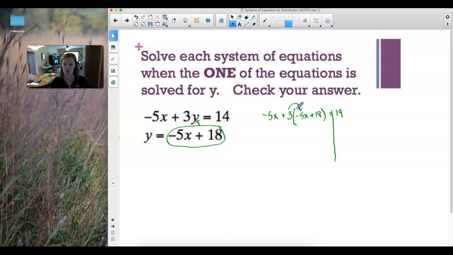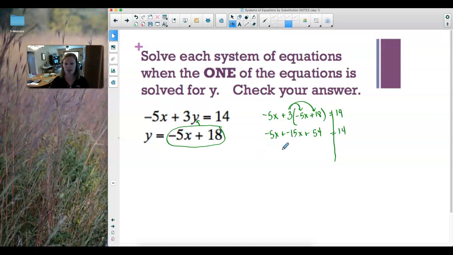We need to distribute. So I distribute and I have negative 5x plus negative 15x plus 18 times 3 is 54, I believe, but I just want to make sure. Yep. So that would be 54 equals 14.